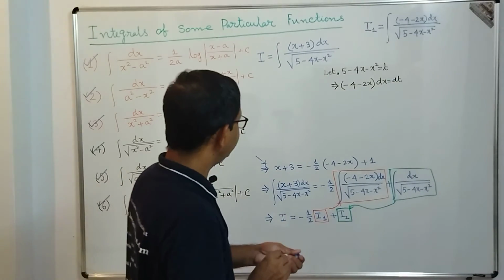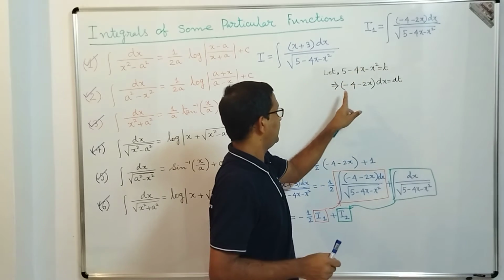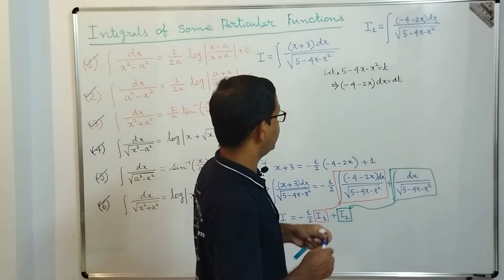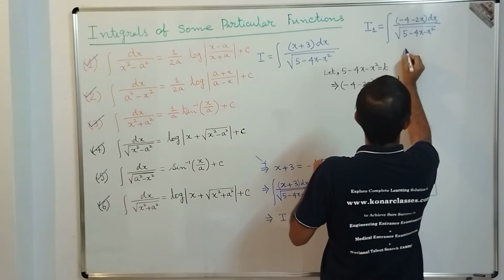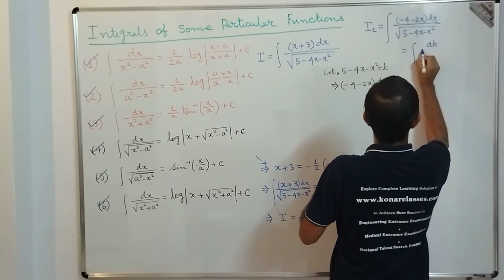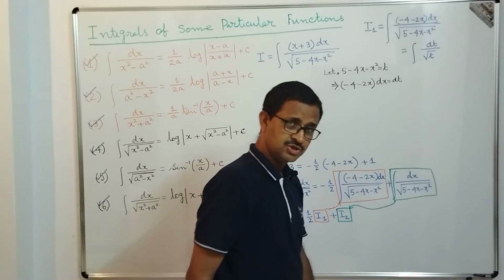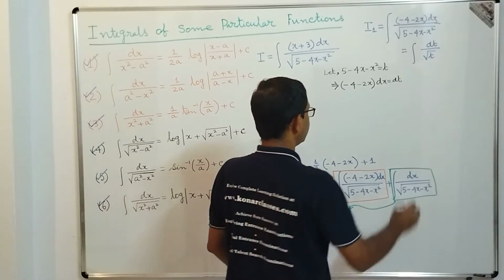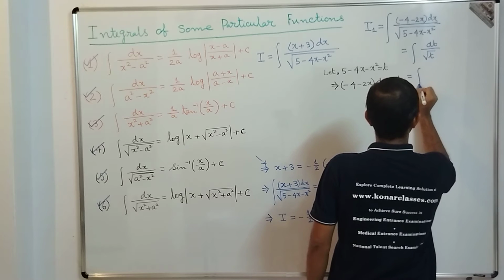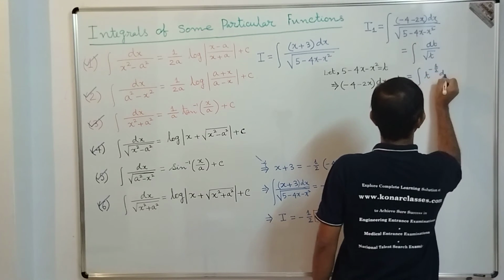Now if we apply this value, that is 5 minus 4x minus x square equal to t here, and (minus 4 minus 2x) dx equal to dt in the numerator, what we get is integration of dt divided by square root of t. Correct or not? Now dt by square root of t, that means integration of t to the power minus 1 by 2 dt.